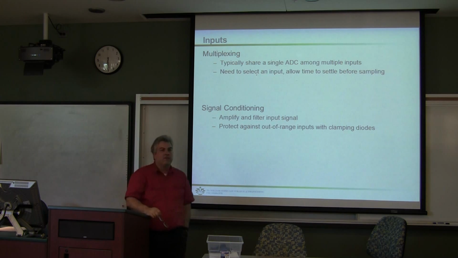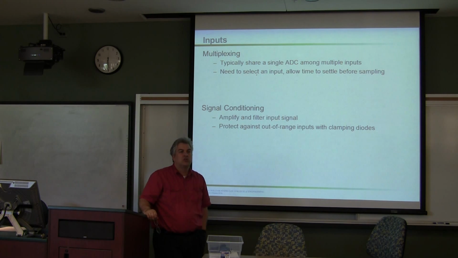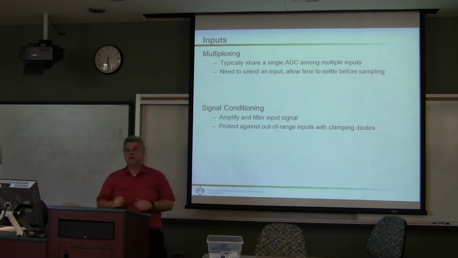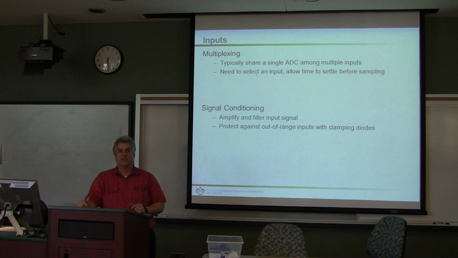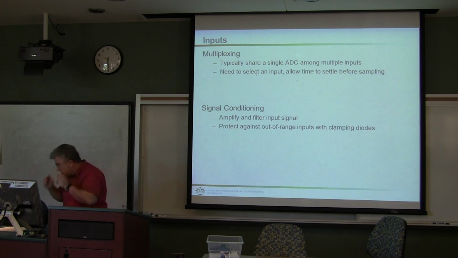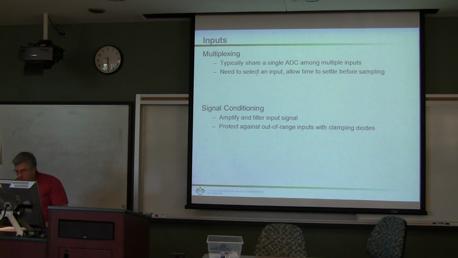When you are measuring all sorts of analog signals, typically you have a lot of analog signals that you want to measure. For example, let's take a good example that you're going to see in the next few days. Let's say you have a vehicle, and your vehicle is a Danny robot.